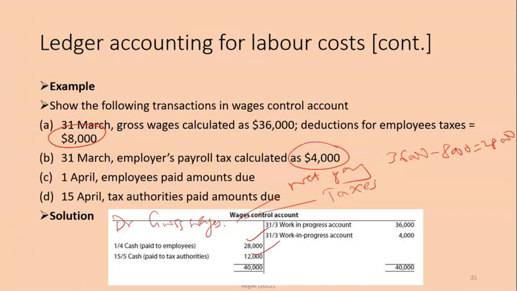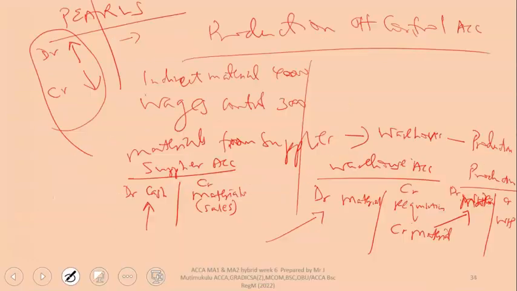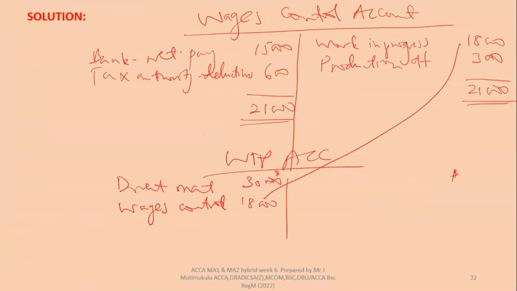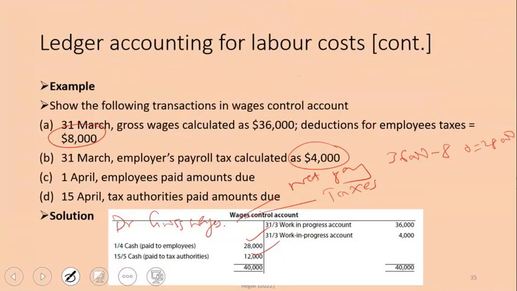Then, as we did here, we have to credit the work in progress account. This is the work in progress amount and the production overhead. So we just do the same here.